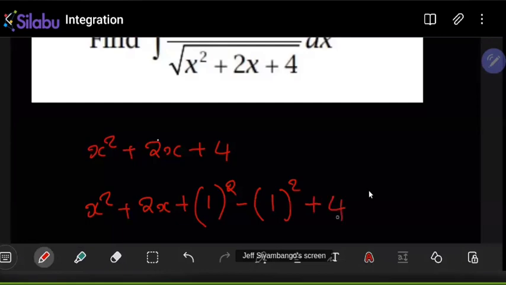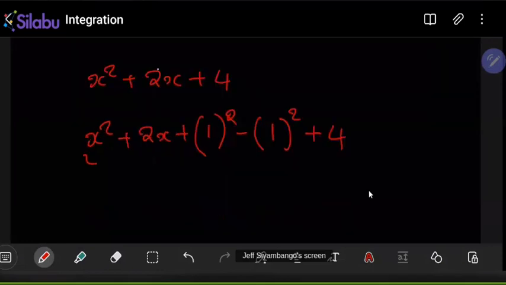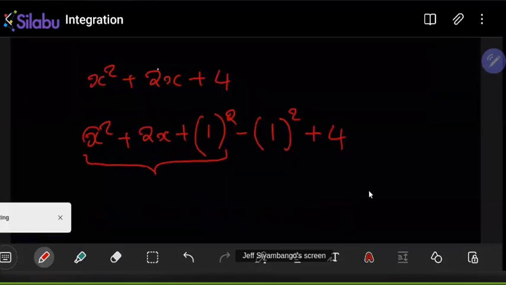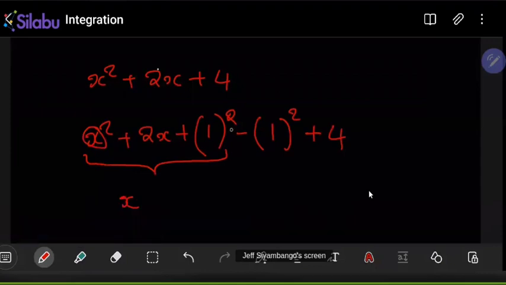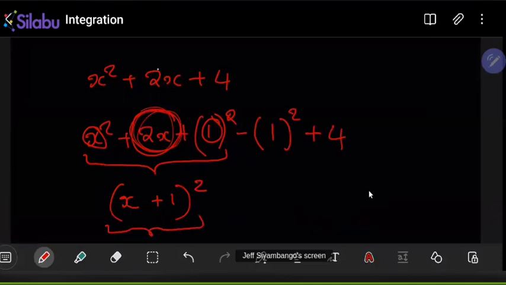This is how you complete the square, guys. Remember the steps. At this point, of course, you focus on this. You just get the x here, and get the 1 from here, including the sign. So it becomes plus 1, and then square this. You know this 2x will somehow be taken care of by this expression here.